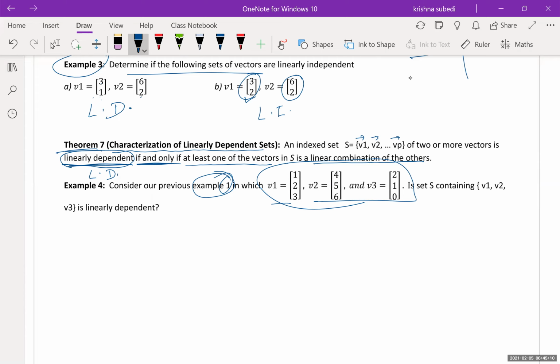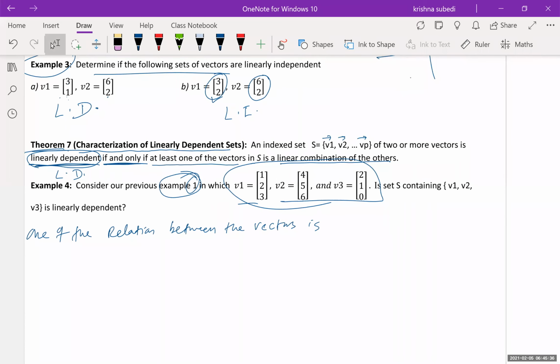So for example, in this case, what I can see here is that one of the relations between the vectors is, if I multiply this, let's say, 10 V1 minus 5 V2 plus 5 V2 equals 0.